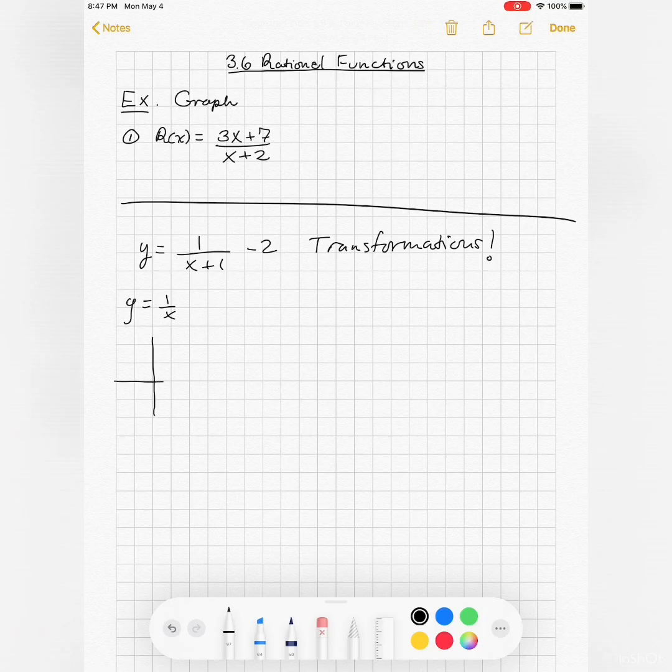I'm not doing a detailed graph for this one. I'm just illustrating something, and then I'm going to go back to the other problem. My next step would be to shift left 1.